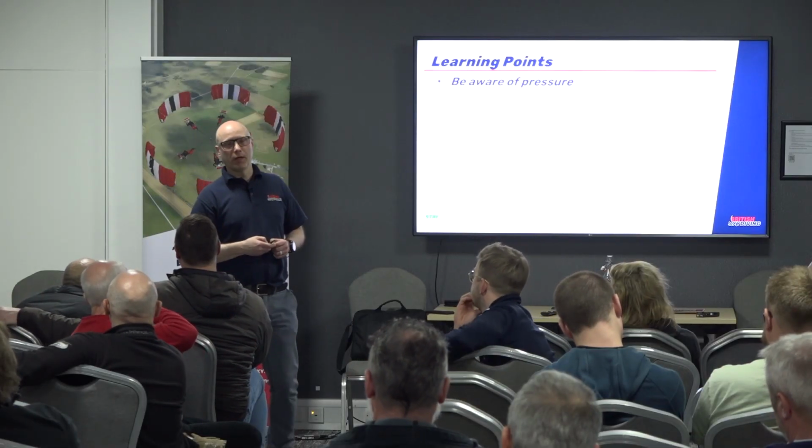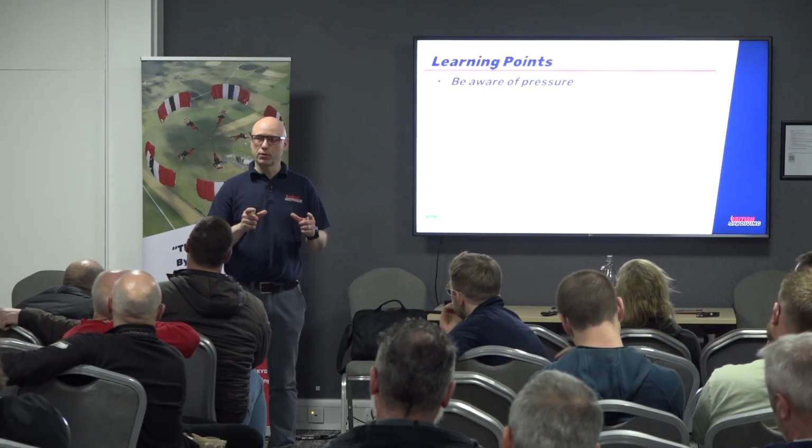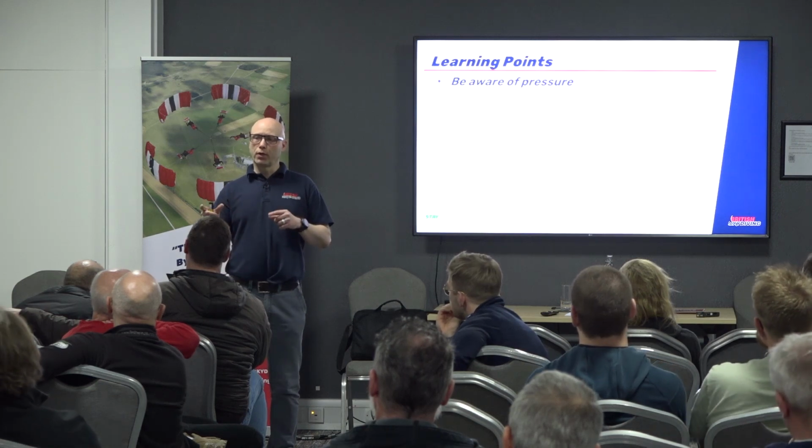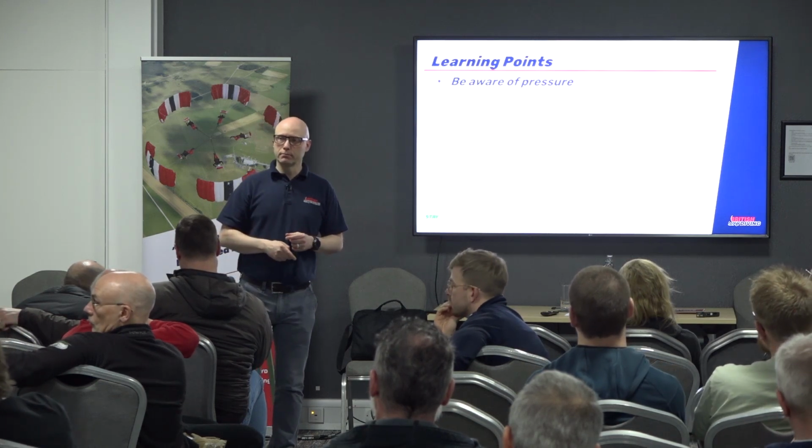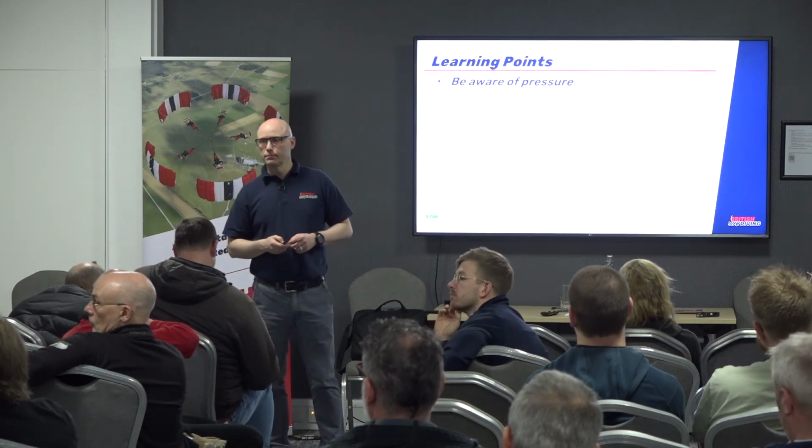Yeah. And what about, we had a lot of, and it might have been isolated, but we seem to have a lot of tension knots on Sigmas this year. Have you got any advice on avoiding tension knots on Sigmas? Yeah, I don't know if that's a trend you've noticed, you see the trends from all over the world. It would be interesting to have further data points across all of the canopies that you've listed, as in line condition, the total number of jumps, the environment, that kind of thing.